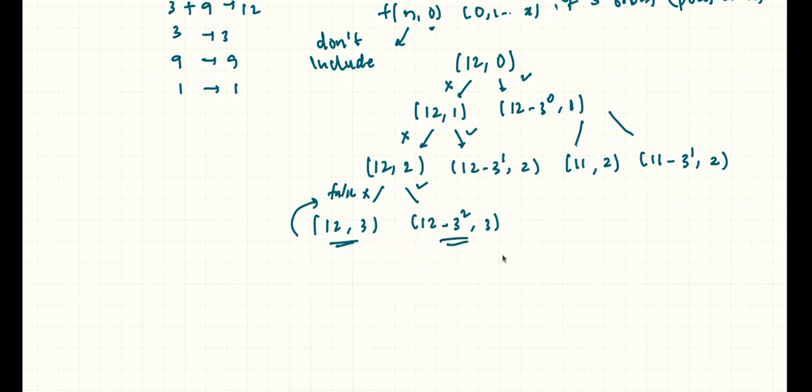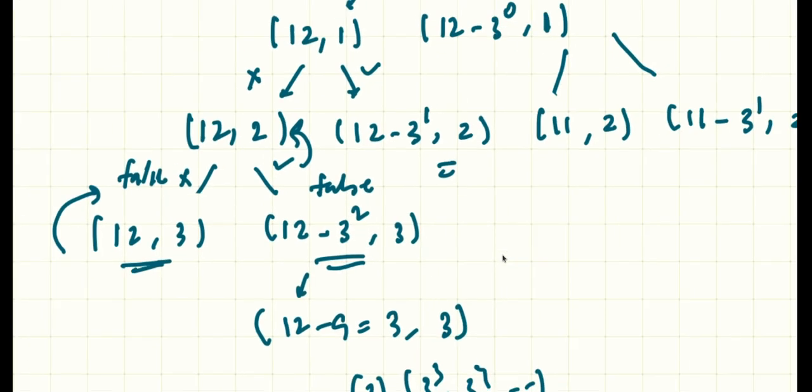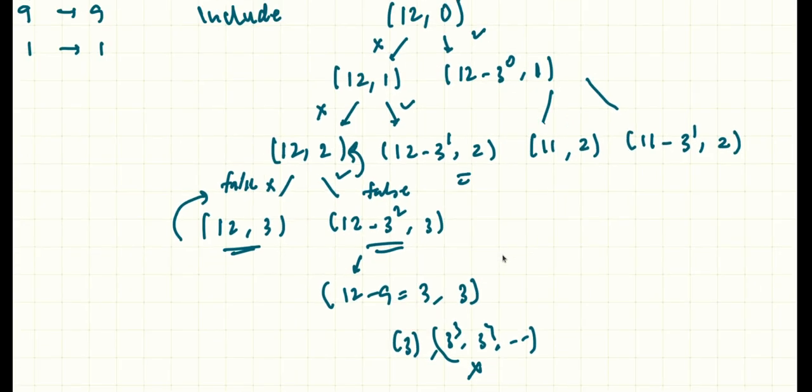If we solve this, 12 minus 9 is 3. Can 3 be formed using 3 cube, 3 power 4 and so on? Can 3 be formed with these elements? Which is no. That's the reason we'll again return false. Okay, from this tree, we are again back here.